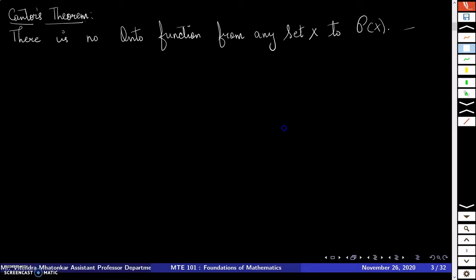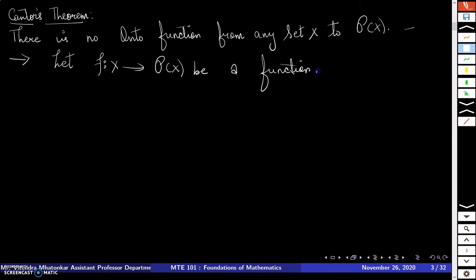Okay, so we will take an arbitrary function from X to the power set of X and we will show that it is not onto. So let f from X to the power set of X be a function, any arbitrary function.